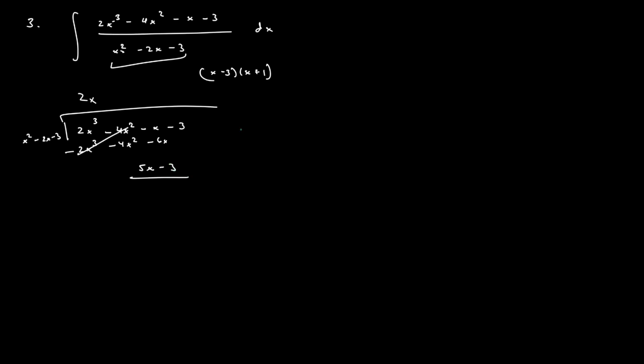And so this original fraction is re-expressed as the integral of 2x plus (5x - 3) divided by (x^2 - 2x - 3) dx. So we already know how to integrate 2x. We just have to deal with integrating the second term, and we can use partial fractions to do that. So let's work with that.